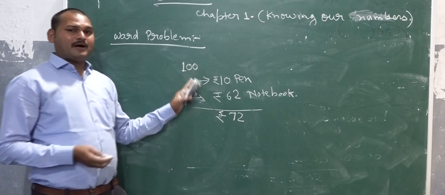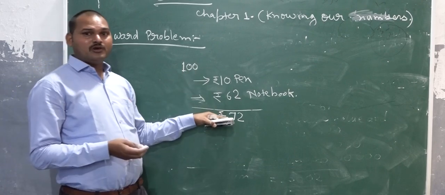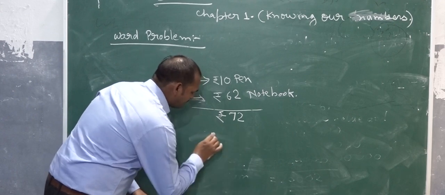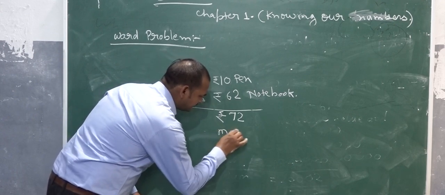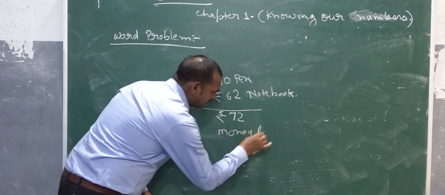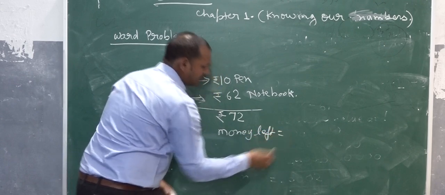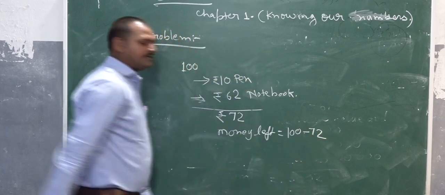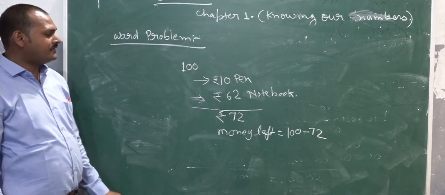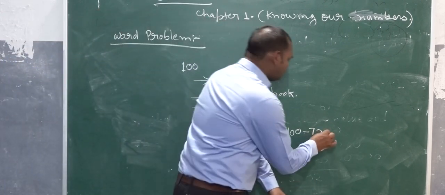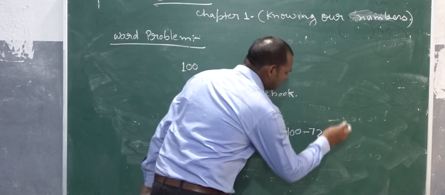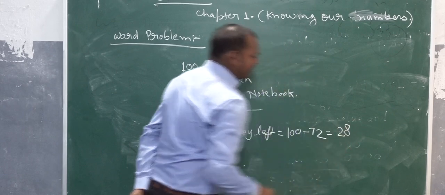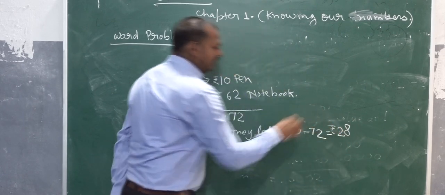Total money minus how much you spend. You have 100 rupees, means 100 minus 72. Money left. 100 minus 72 is equal to what? 28 rupees you have left.